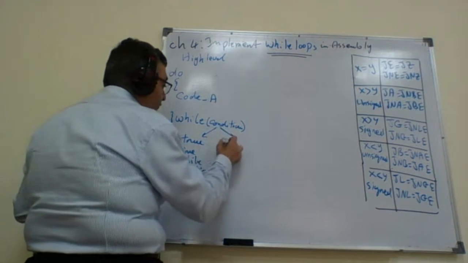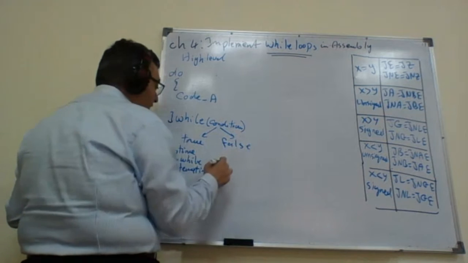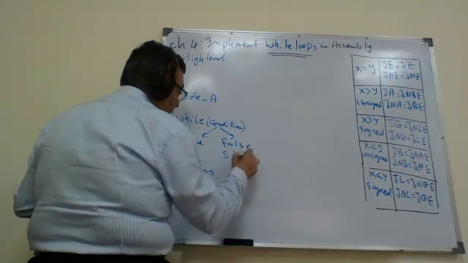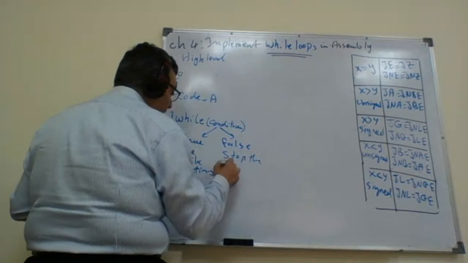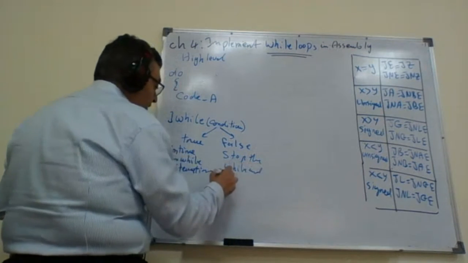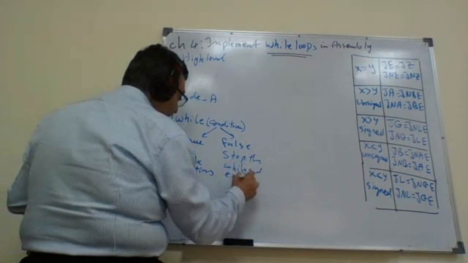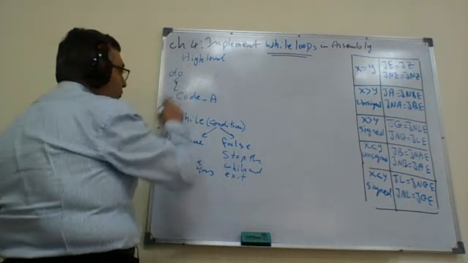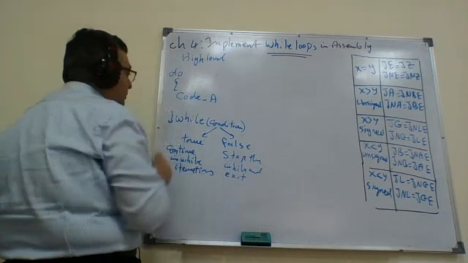If the condition is false, I want to stop the looping and exit from the code, from the looping. You will not go back.